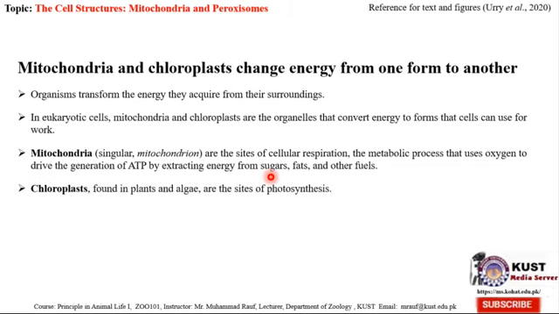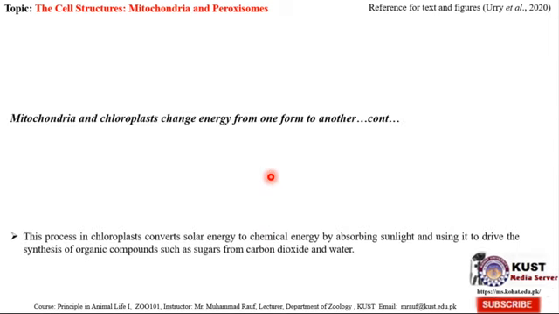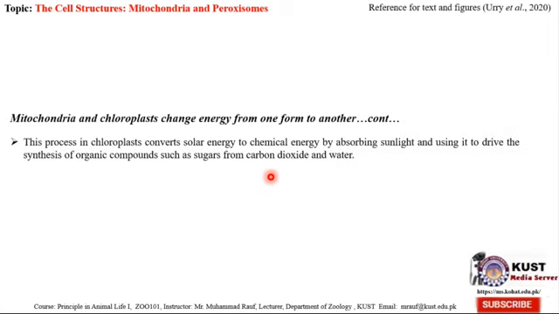Chloroplast, on the other hand, is only found in plants and algae, and they are the sites of photosynthesis. Photosynthesis is a process in which chloroplast converts solar energy to chemical energy by absorbing sunlight and using it to drive the synthesis of organic compounds such as sugars from carbon dioxide and water.